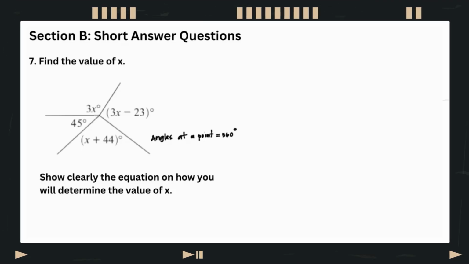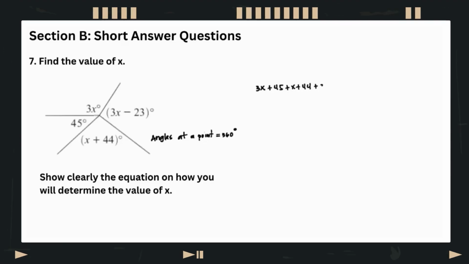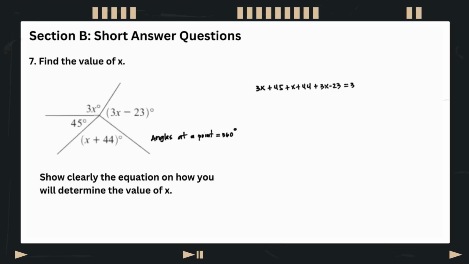Now let's add all of them. So you get 3x plus 45 plus x plus 44 plus 3x minus 23, and again it's equal to 360. Combine like terms, so 3x plus x plus 3x gives us 7x.